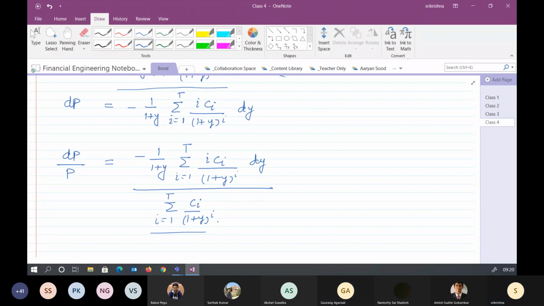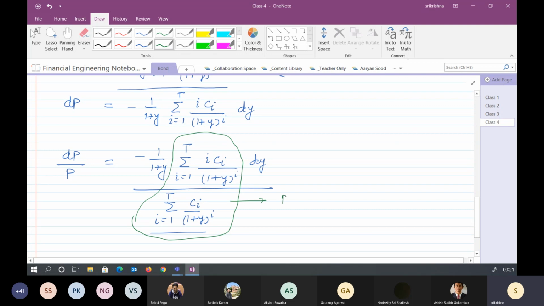Yes, sir. Please raise your hand if you have understood. I can write P as the denominator that we have written. So I'm marking this part, and this part is called the duration. Let us denote duration by capital D.